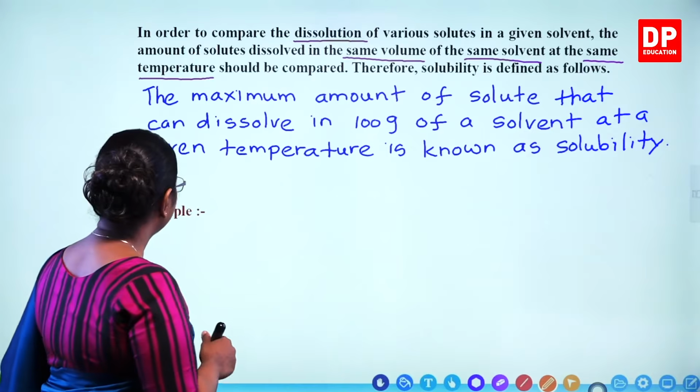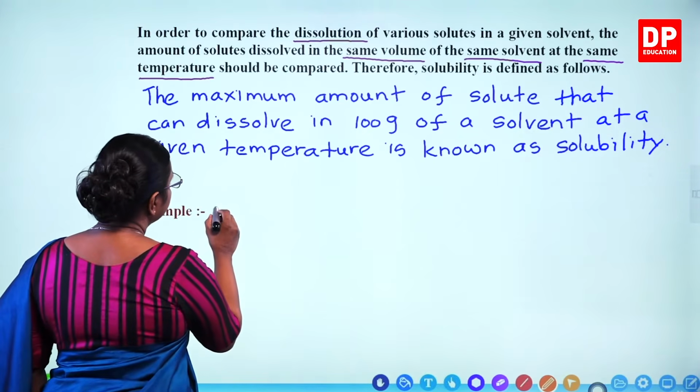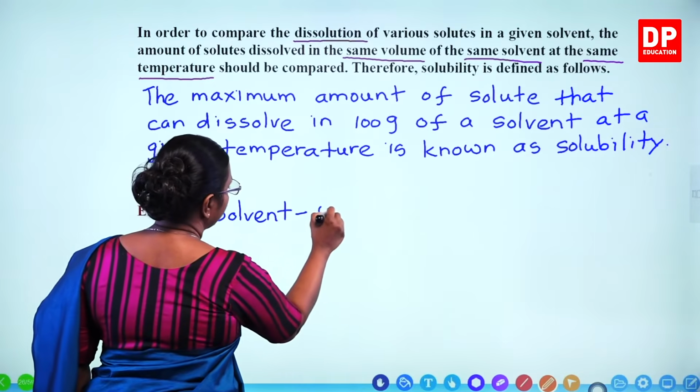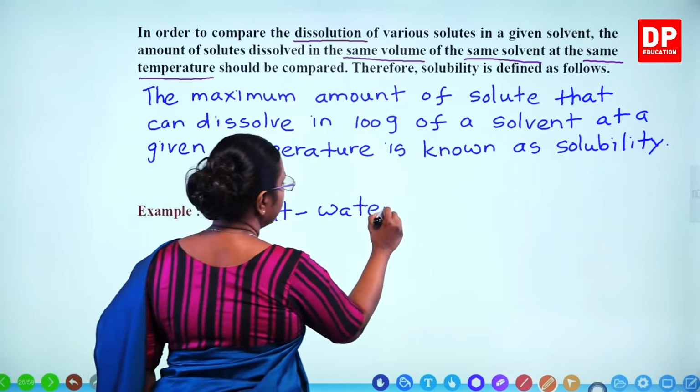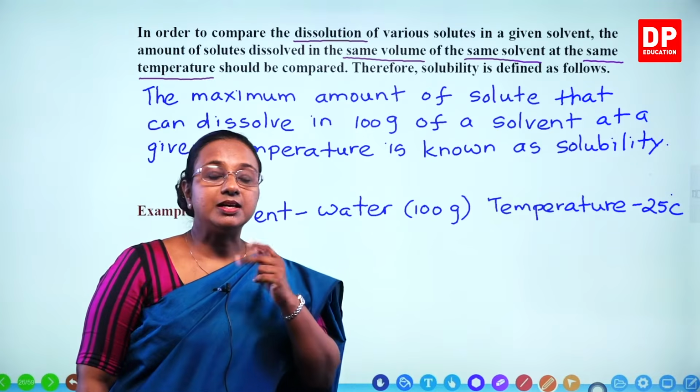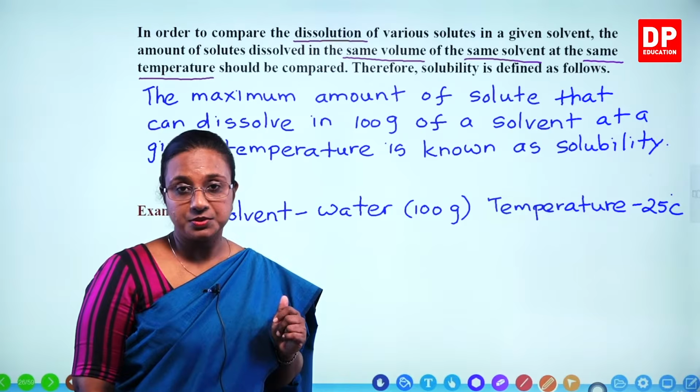So if we take the solvent as water, that is 100 grams of water, and the temperature as 25 degrees Celsius, we will consider two solutes.